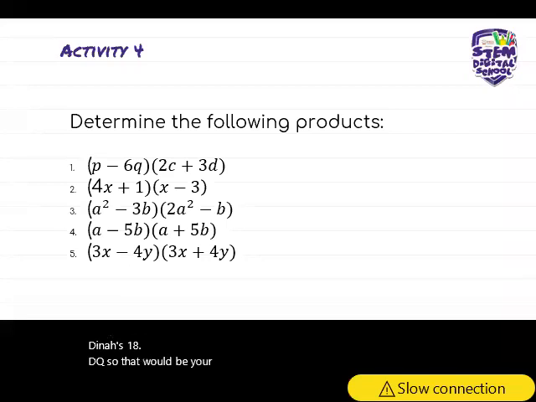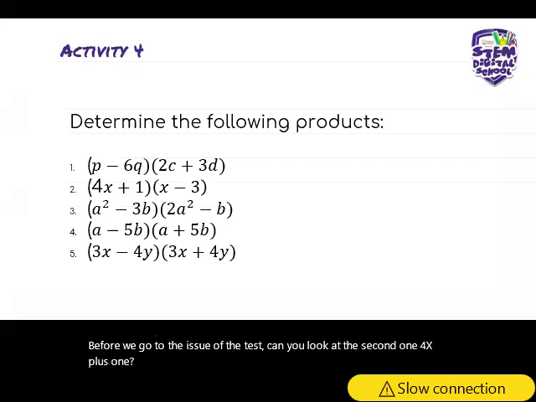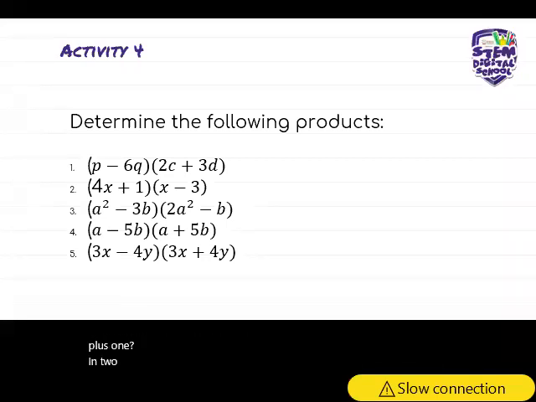Can we look quickly at the second one as well? Before we go to the issue of the test, can we look at the second one, 4x plus 1 into x minus 3. Can we quickly look at this expression?